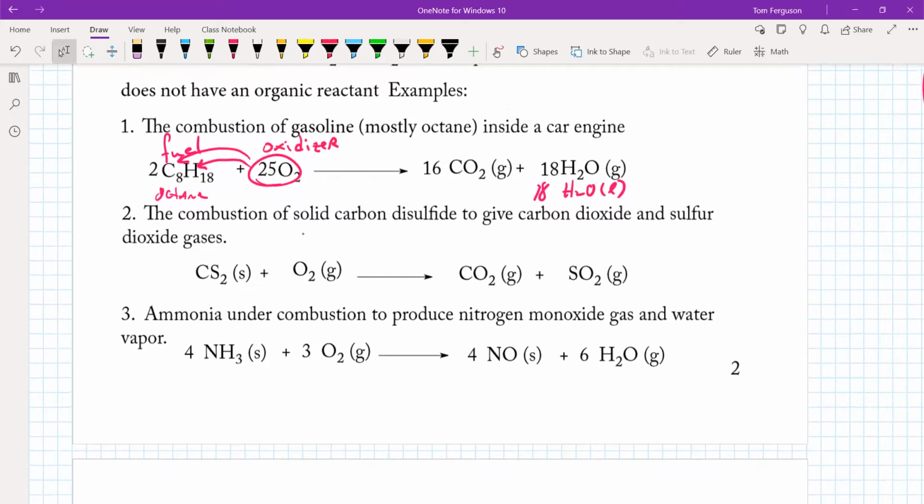Here we have oxygen being the oxidizer, and the fuel in this case is carbon disulfide. So the oxidizer is going to oxidize the carbon to carbon dioxide, and the sulfur to sulfur dioxide.